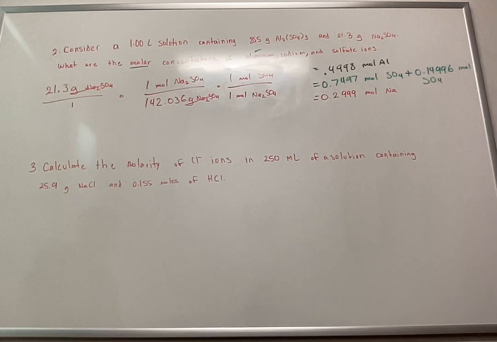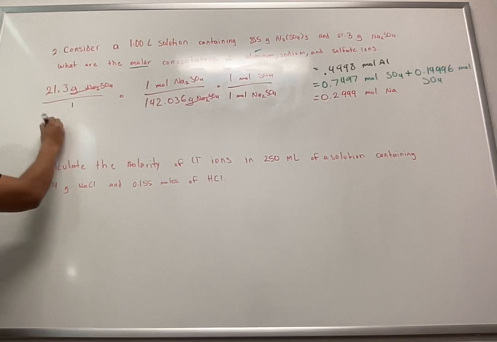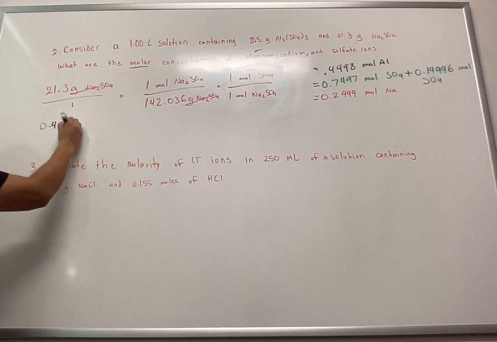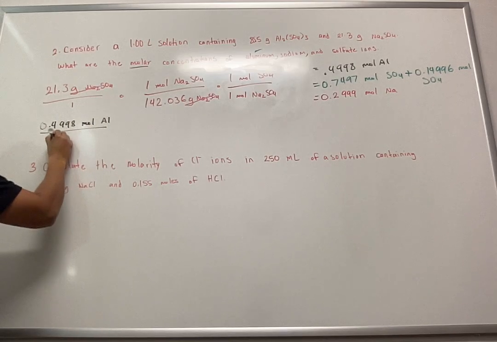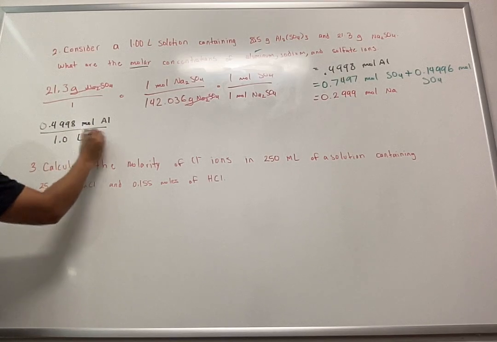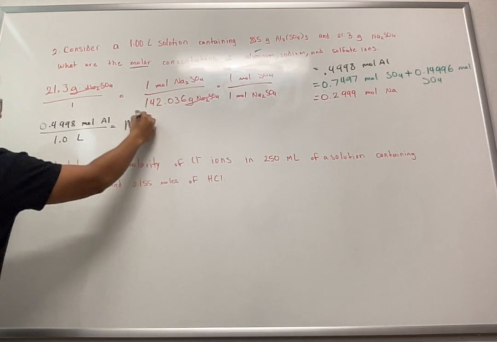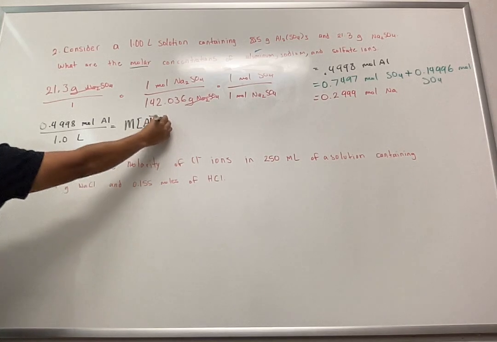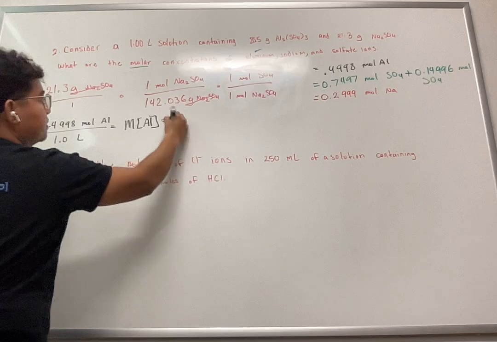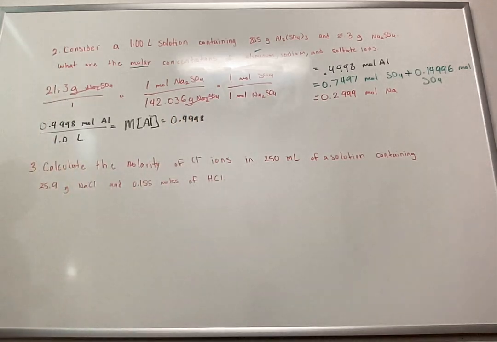So once we find the moles, thankfully, they gave us an easy one. 0.4998 mole of aluminum over 1 liter equals M of aluminum, 0.4998. All right, there you go. So molar concentration of aluminum.